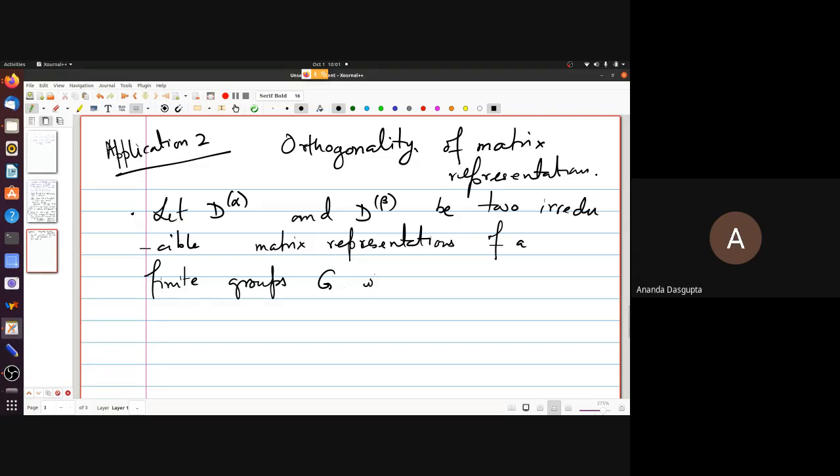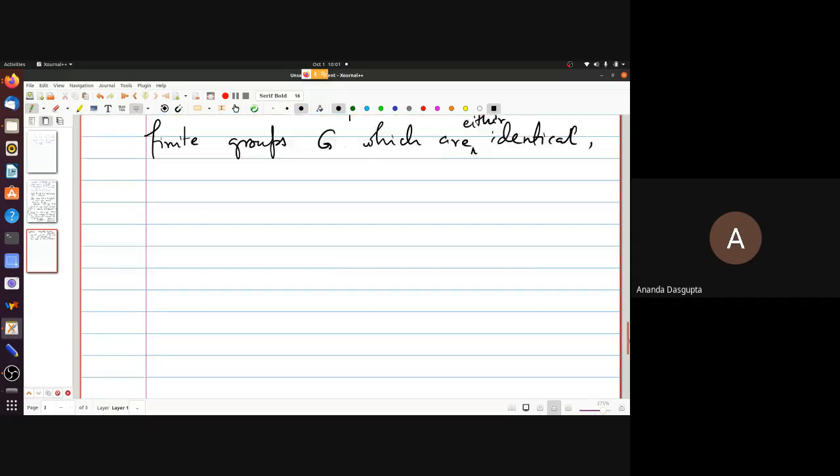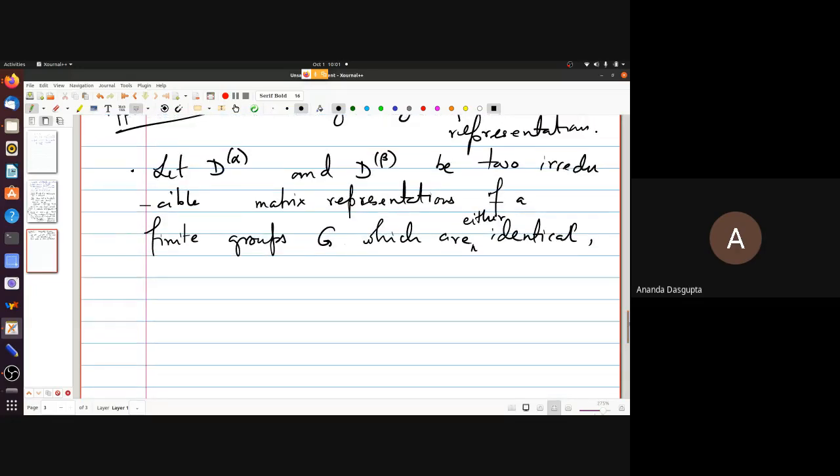Now I make a restriction here. With the two irreducible representations, I make a restriction that they are either identical, which means D alpha and D beta are the same representations, not equivalent ones, same. That means they have the same matrices for every g, or inequivalent.